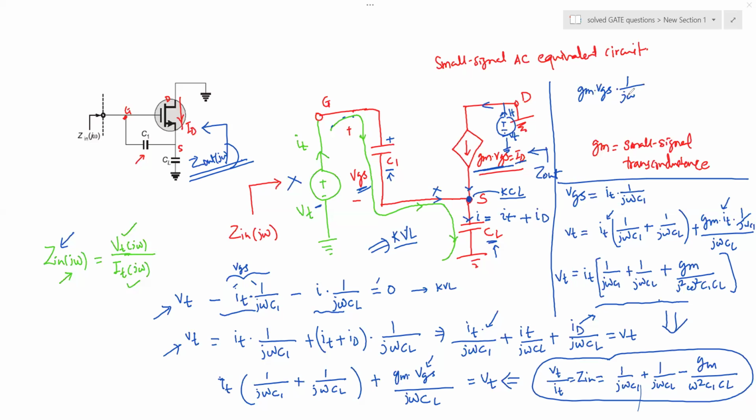So 1 over j omega CL is the impedance, and this current multiplied by the impedance will be your voltage, that's your voltage V_T simply. And obviously your output impedance is V_T divided by I_T. Now remember, this is I_T because that's your drain current, which is equal to the test current. That is your 1 over j omega CL. That is your Z out.